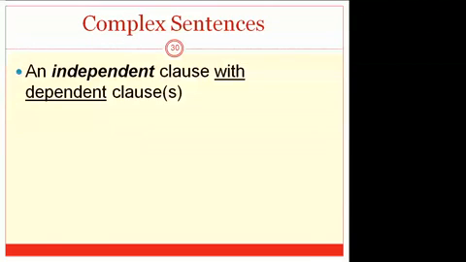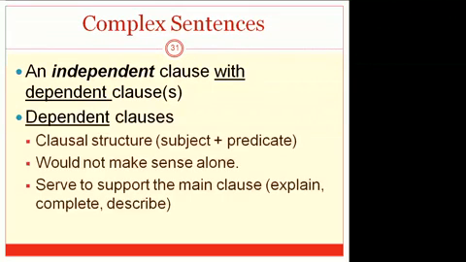In complex sentence structure, we have an independent clause with one or more dependent clauses. So in complex sentences, we have not just an independent clause, but also one or more dependent clauses. Dependent clauses have clausal structure. So a dependent clause is going to have a subject and a predicate.